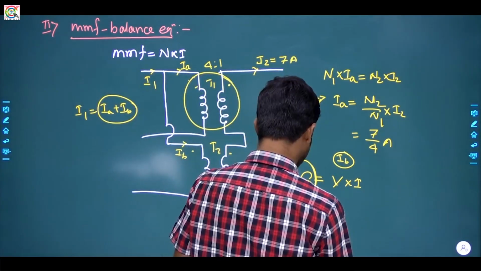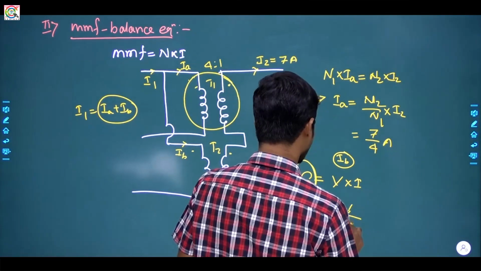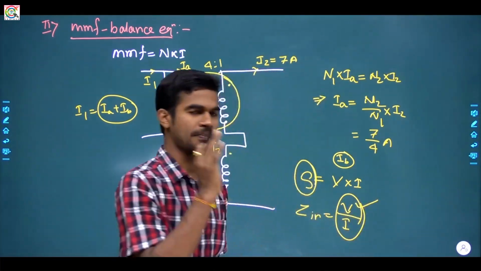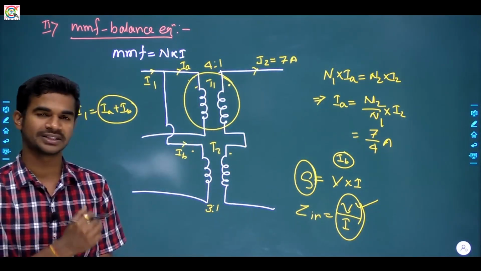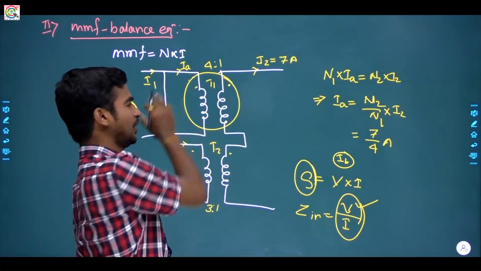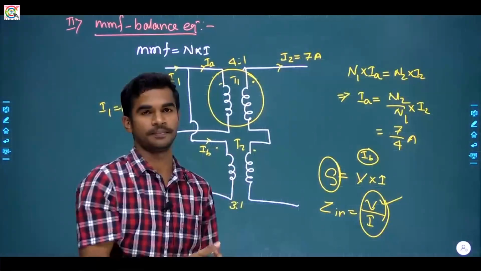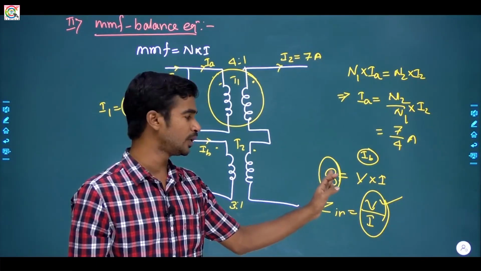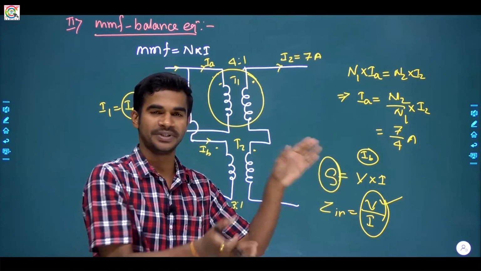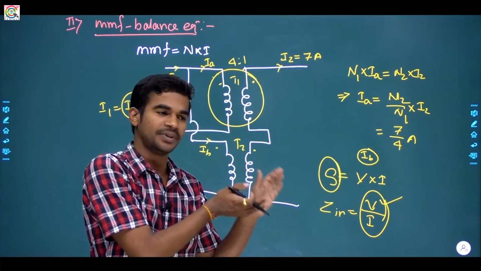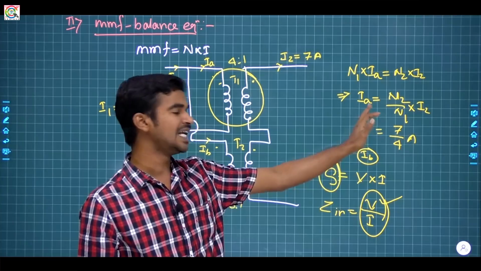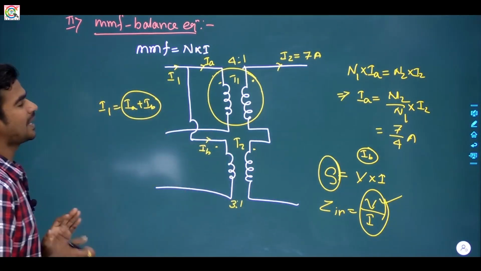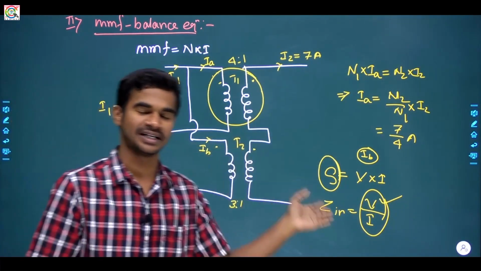The input impedance Zin is equal to source voltage by source current, V by I. You already have the source voltage, and the input current is I1. You can find it by this method. So you can find the input impedance, the VA rating of the combination, and the source current easily. So by the MMF balance equation also you can find all this data.